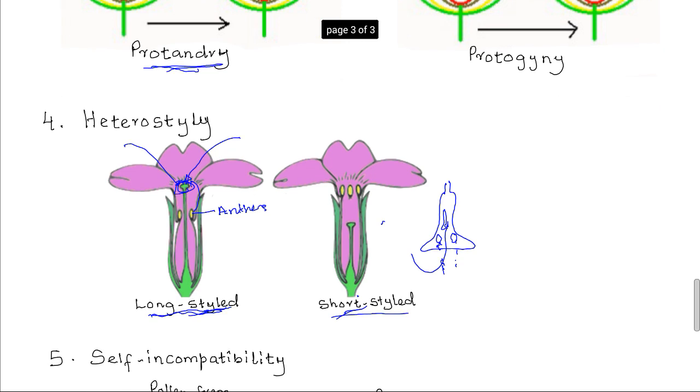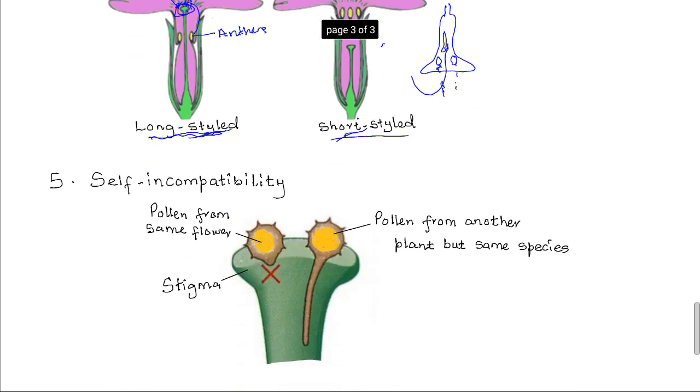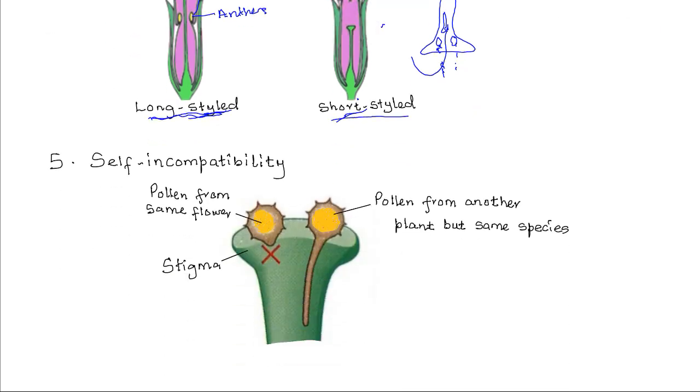Then the last mechanism that promotes cross-pollination is self-incompatibility, also known as self-sterility. This is whereby the pollen grains are sterile on the stigma of the same plant variety.